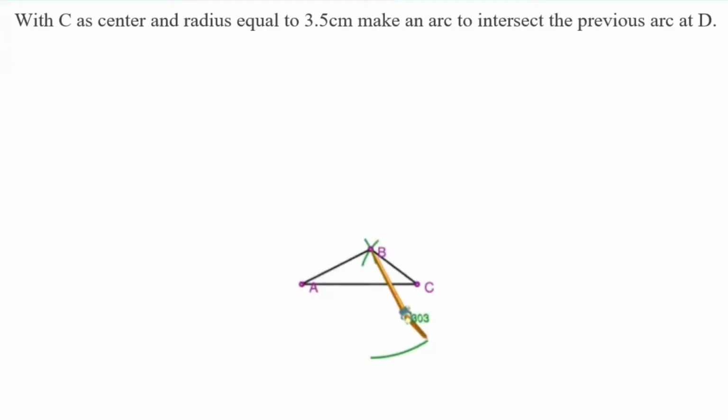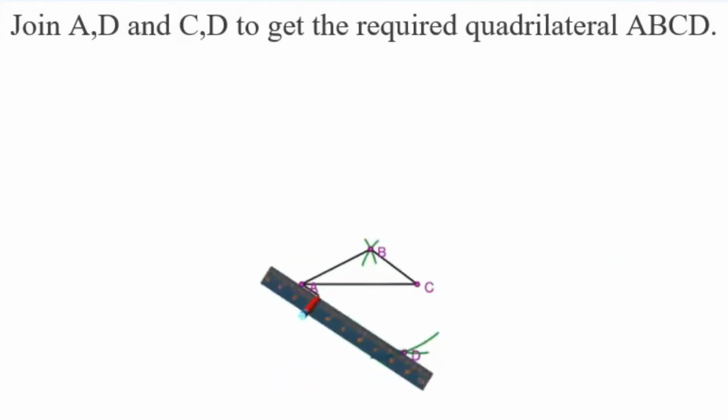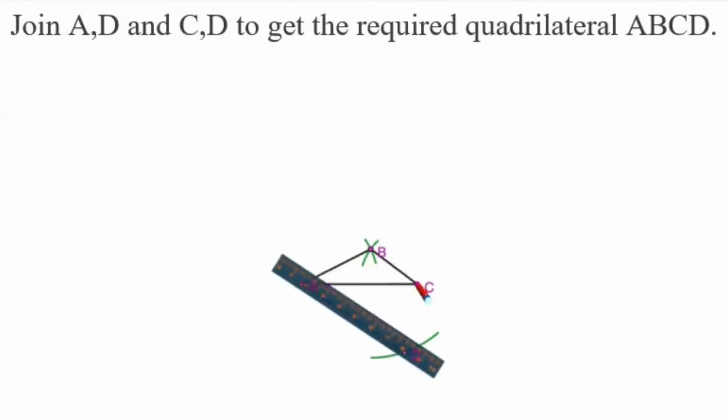Then with C as center and radius equal to 3.5, the length of CD, I will make another arc to intersect the previous arc at point D. So the point of intersection of these two arcs will be point D. I will join AD and I will join CD to get the required quadrilateral ABCD.